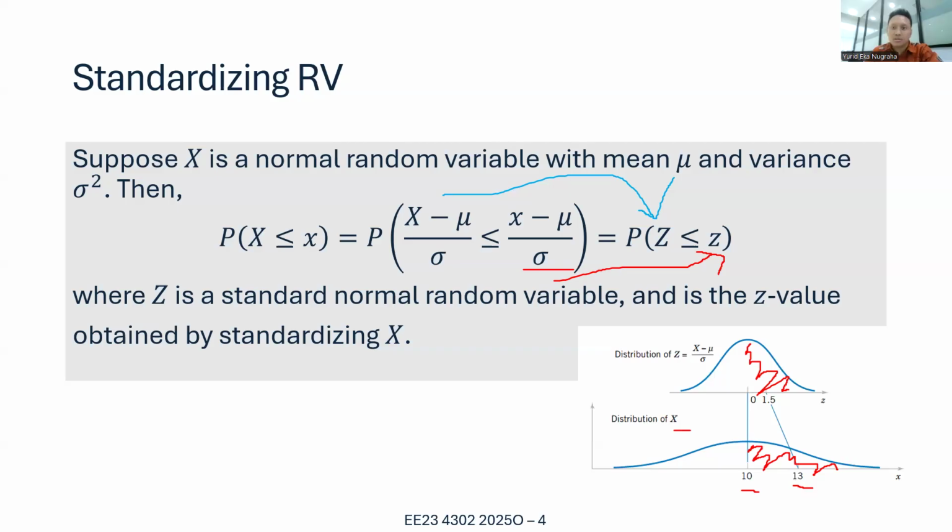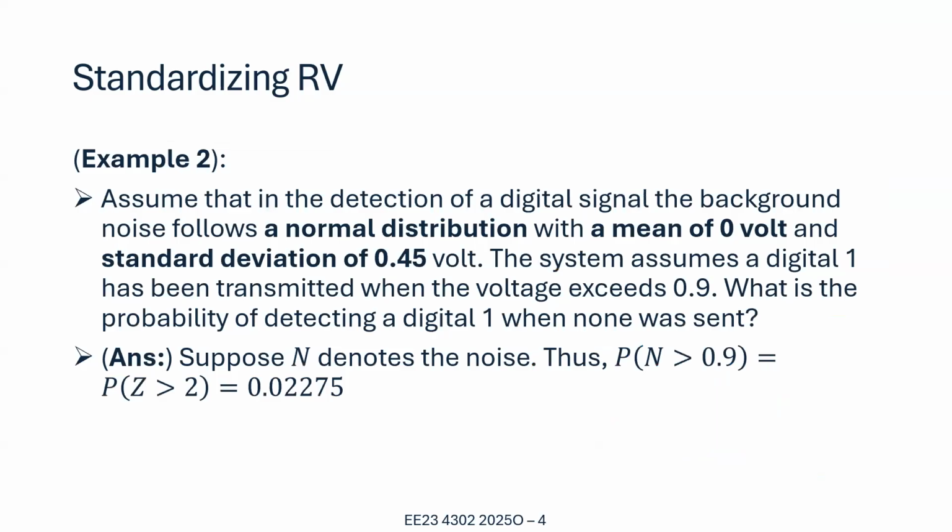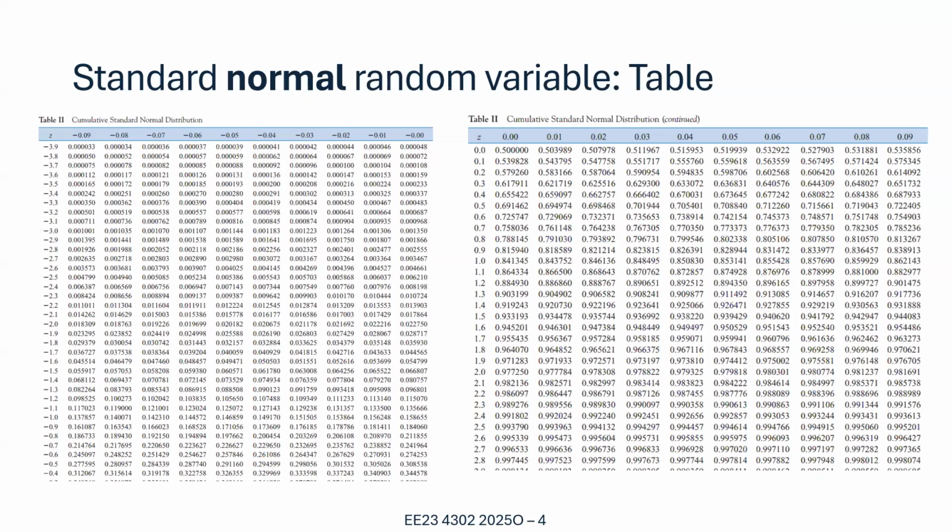continue. Okay, let me just close my video. I will continue with the standard normal variables. So previously we have the normal random variable, which has its own table. So this is the table for the normal random variable, and this is just one that I took from the textbook.